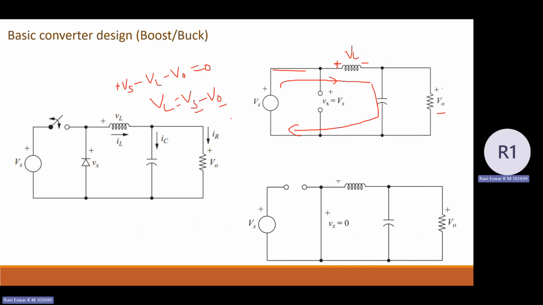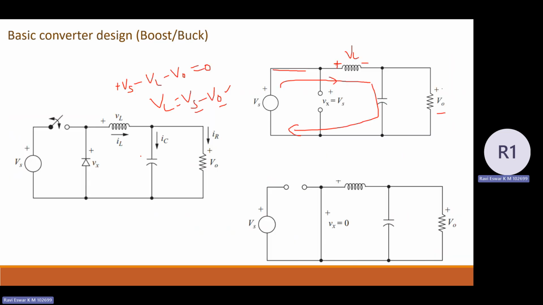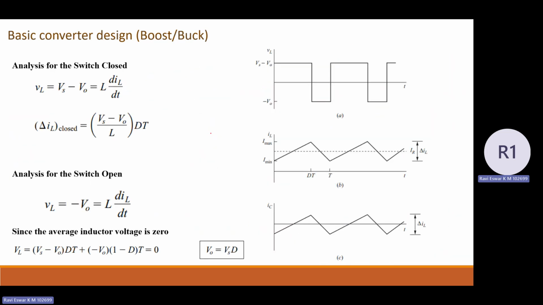Now this equation we have written in mode 1, where the inductor is in charging state. If I ask you to draw the waveform, you can check here. When the switch is turned on, here the gate pulse is there. So let me take the gate pulse here.